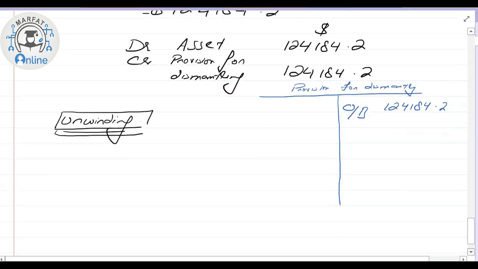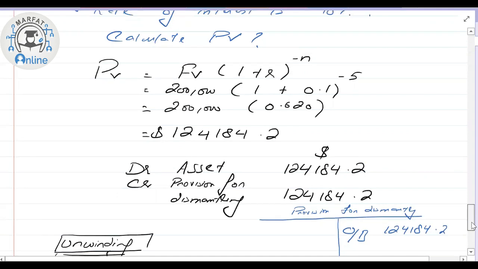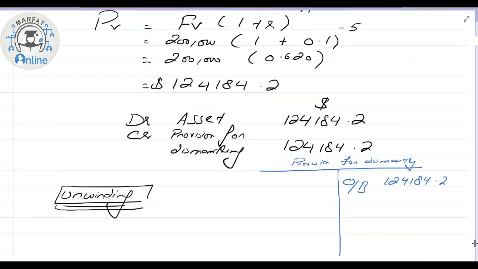Now, ultimately, what amount we have to pay after 5 years? 2 lakh. So that means we cannot record this 1,24,184.2 as a liability for 5 years. We have to increase this systematically every year so that by the end of the 5th year, it reaches 2 lakh automatically.